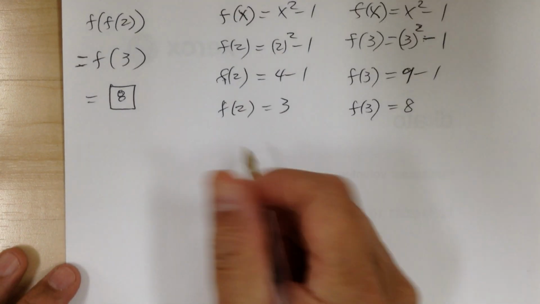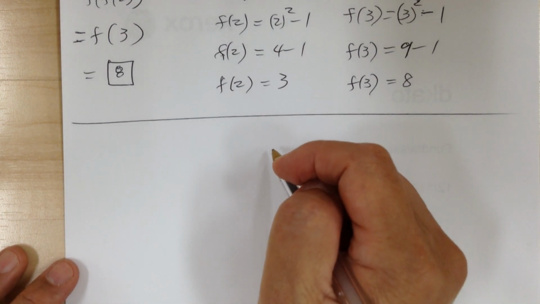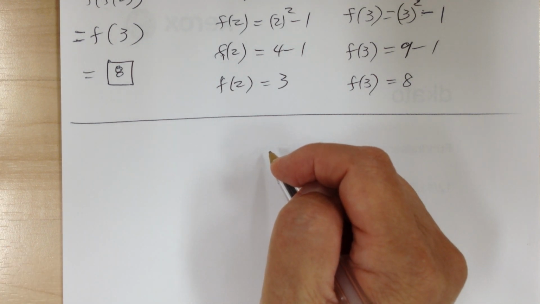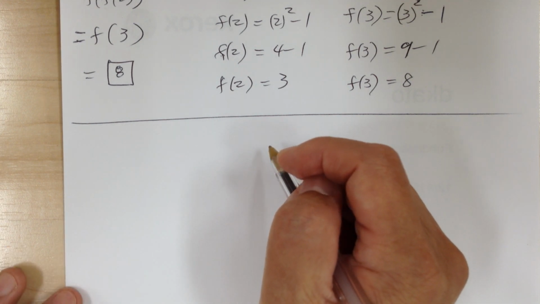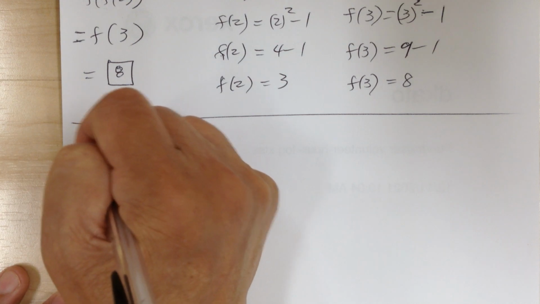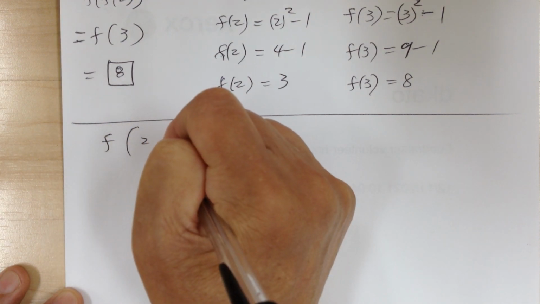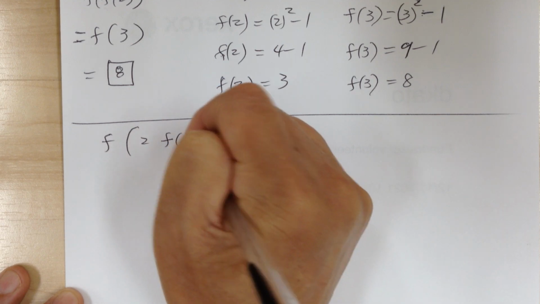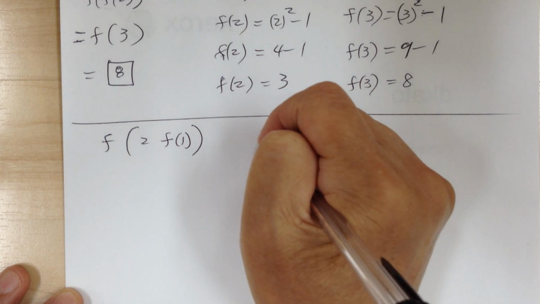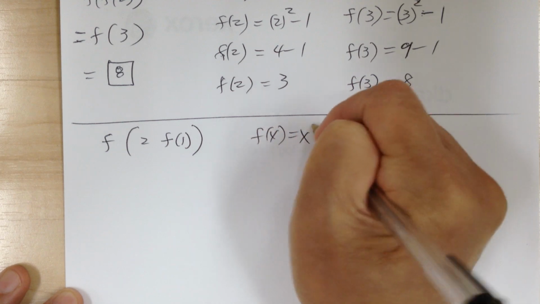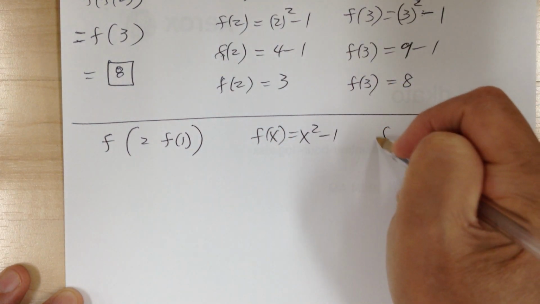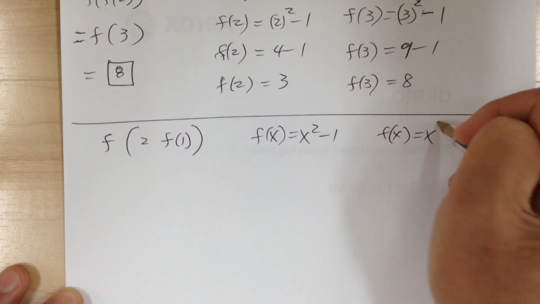Okay, so now let's do the next one. The next one is f of 2 times f of 1. So now you've got f of 2 times f of 1. Again, there are two f functions, so I'm going to get two of them ready.